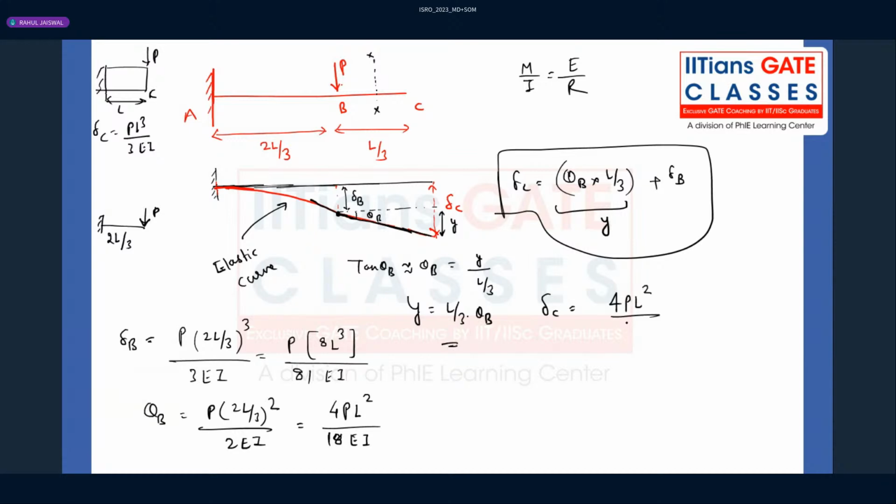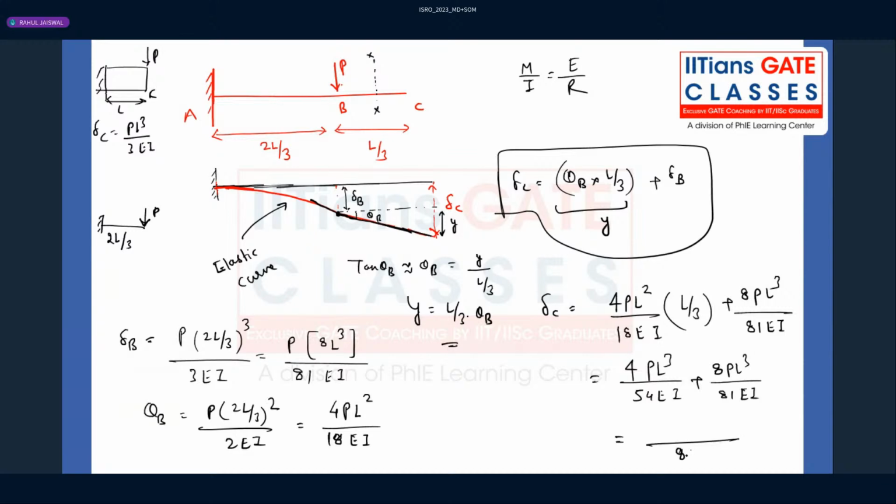4 pi L square divided by 18 EI into L by 3 plus 8 pi L cube divided by 81 EI. So after all this calculation, you will be getting 4 pi L cube divided by 54 EI plus 8 pi L cube divided by 81 EI.